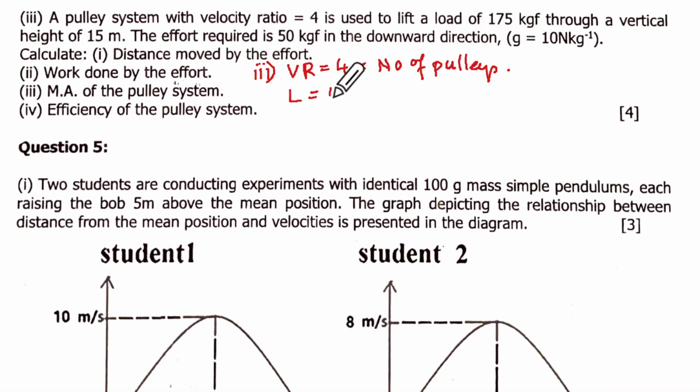So L is 175 kgf, through a vertical height, which means the displacement of the load is 15 meter. The effort required, so E is equal to 50 kgf in downward direction. Now remember, the effort is in downward direction, which means velocity ratio is equal to the number of pulleys.